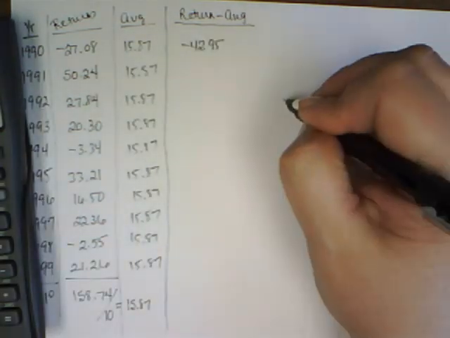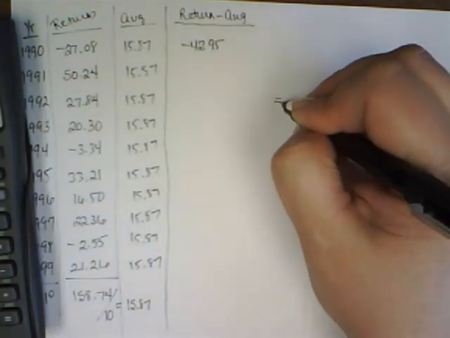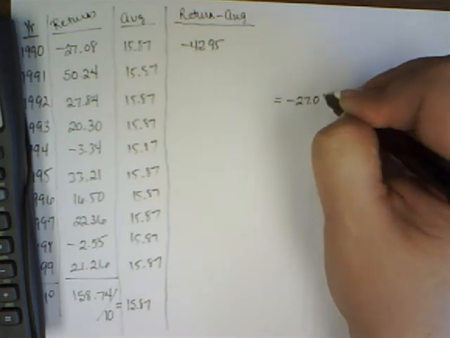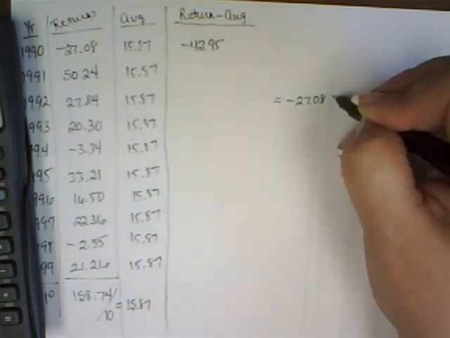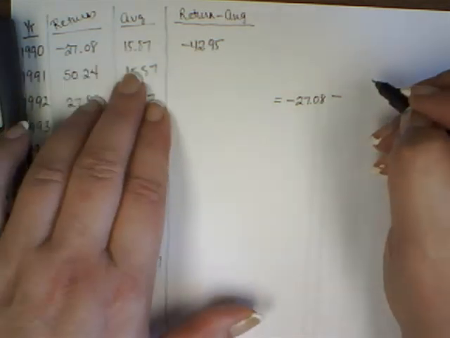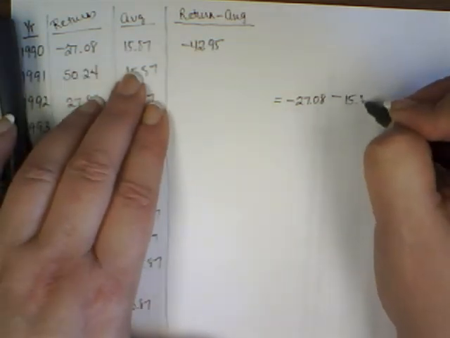So let me go over this one more time. I'll put it right over here. We have a negative 27.08, and you are subtracting from that 15.87.